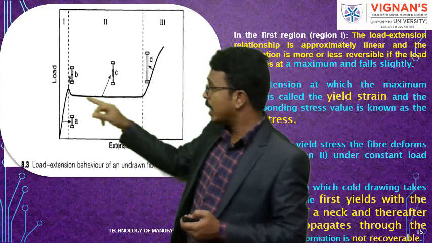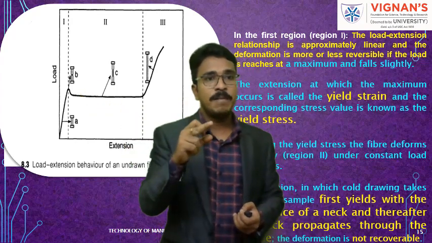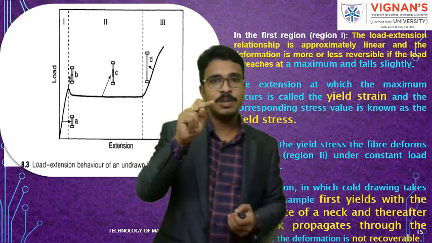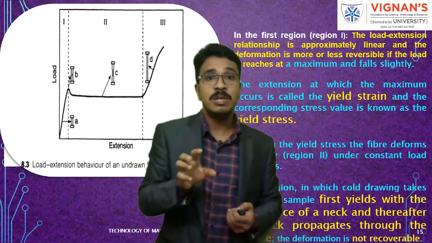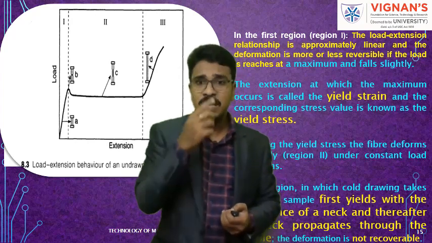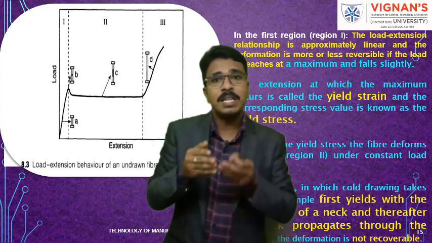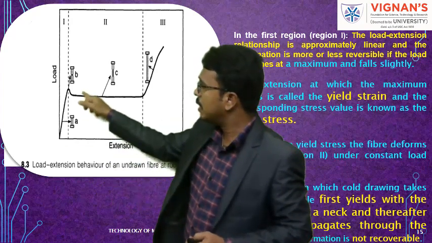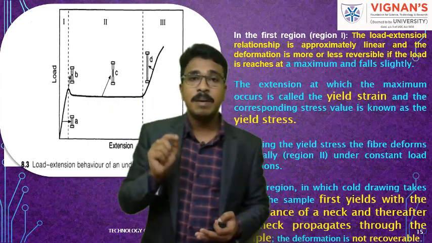You can observe clearly at point B the formation of a neck. If you maintain the constant load, first it yields in the form of a neck, and thereafter the neck propagates.